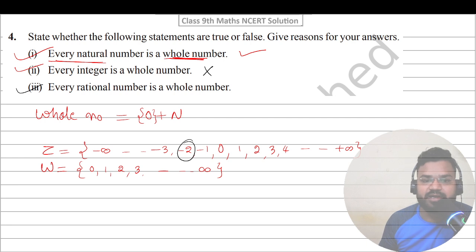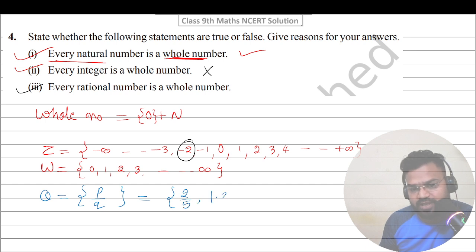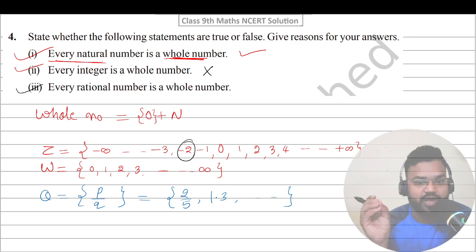Next one is: every rational number is a whole number. You know a rational number is the set of all numbers that can be written in the form p by q, where p and q are integers and q is not equal to 0. So we can say 2 by 5, 1.3, all are rational numbers. But 2 by 5 or 1.3 is not a whole number, because a whole number starts from 0 to infinity.